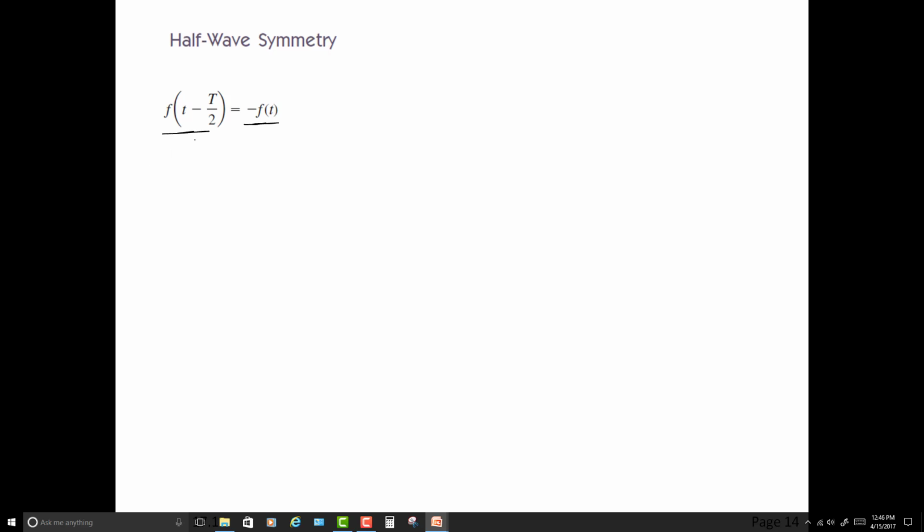So let's look at some pictures of this. Let's take the function of t. So I'm going to pick an easy point here. This one right here, halfway in there. And the right-hand side tells me, take the negative of that. So go down here.